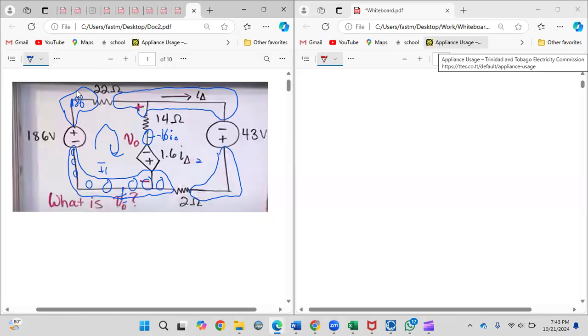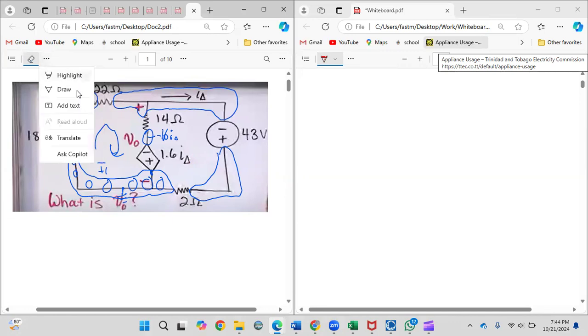So it'll be negative 1.6 I triangle. The reason why it's negative is because it's on the negative side of the battery, and the other side is at a reference of 0. So 0 minus 1.6 I triangle is negative 1.6 I triangle. Yeah, that's all that is.